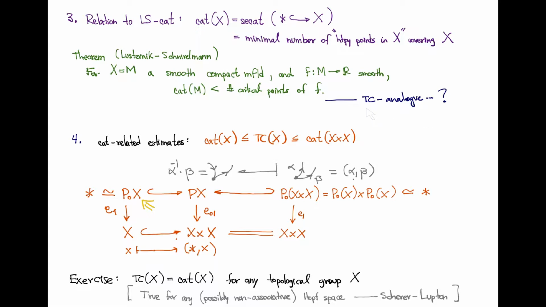In other words, you look at the minimal number of homotopy points covering X. That's just the LS category of the space.